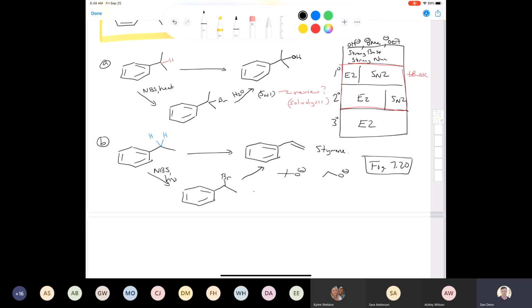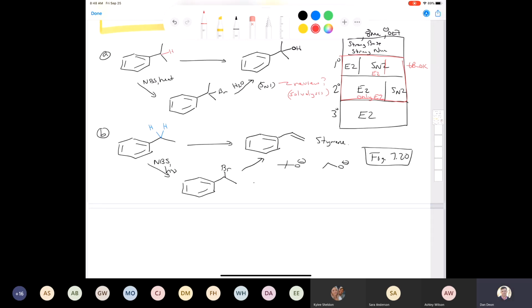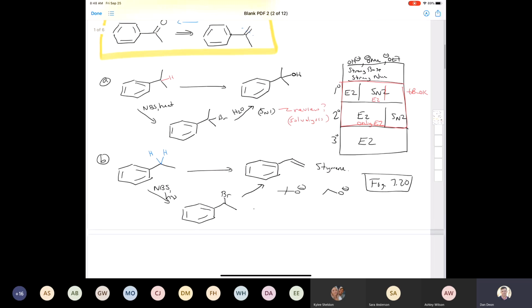If you use T-butoxide, in the first case you're going to mostly get E2, and in the second one, only E2. If you're wondering, it's not in the table, but I did go over it because it is covered in the book in Organic Chemistry 1. So that's a little nuance. That means that Sarah and David and Eric are all right. I would accept all of those.